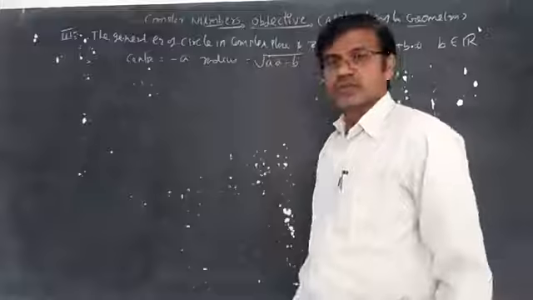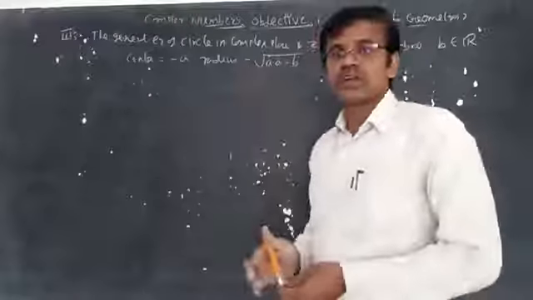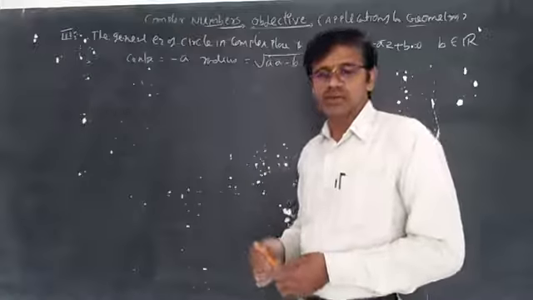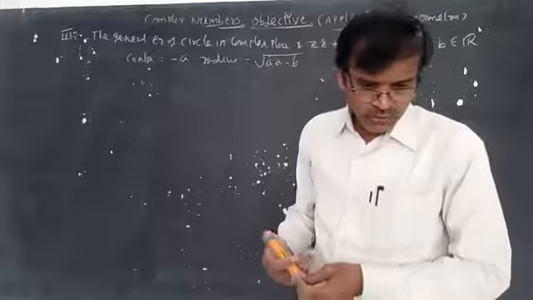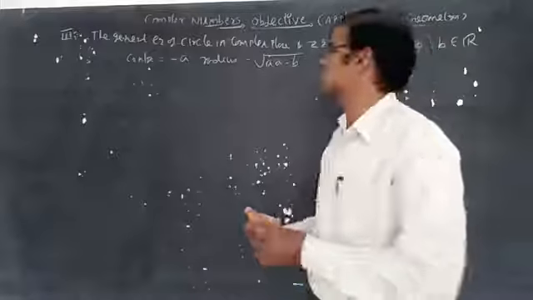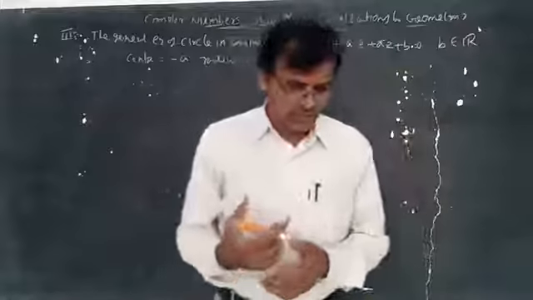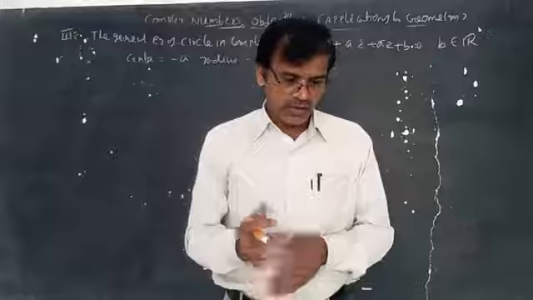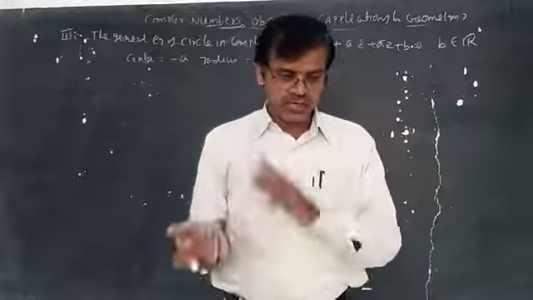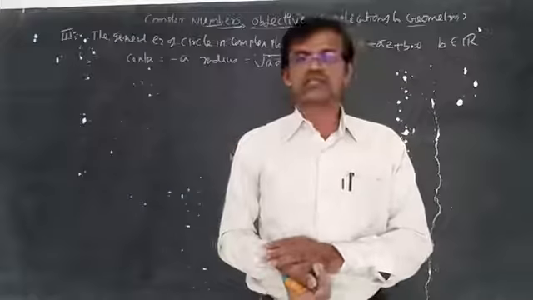This is the same concept as radius equal to root of g square plus f square minus c. Okay students, regarding circles we have discussed. Whatever conditions depend upon circles, parabola, hyperbola and angles between two circles, everything we can discuss in the next class.